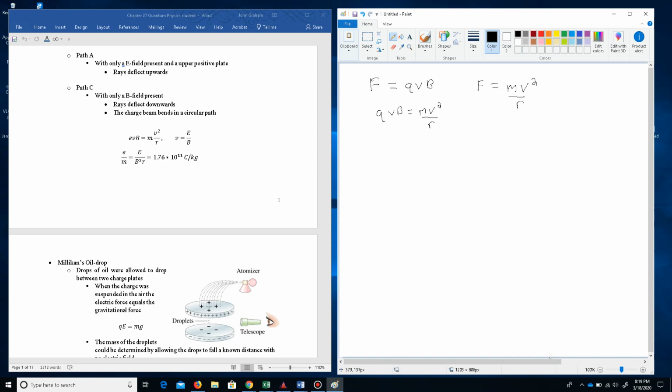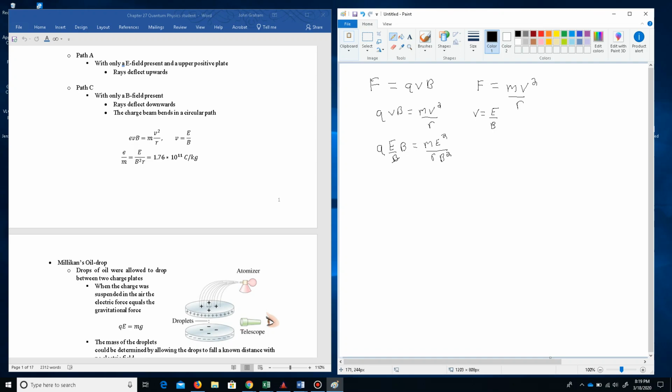And then we also know from previous chapters that V equals E over B. What we're going to do is plug in E over B for the V's on both of these sides. So we have Q times E over B times the B, and then M E squared over R B squared.